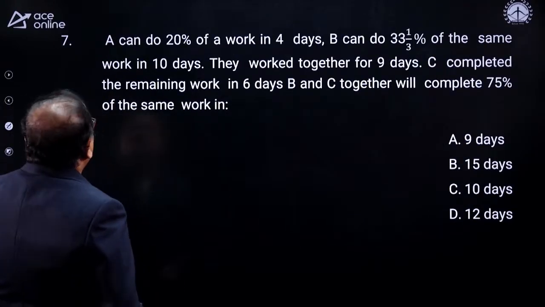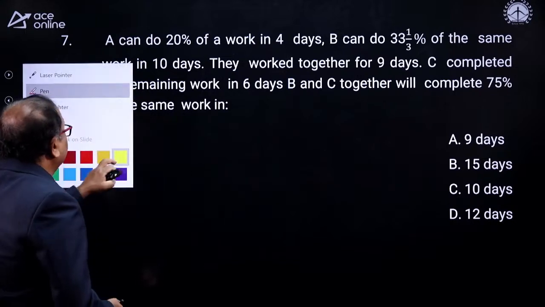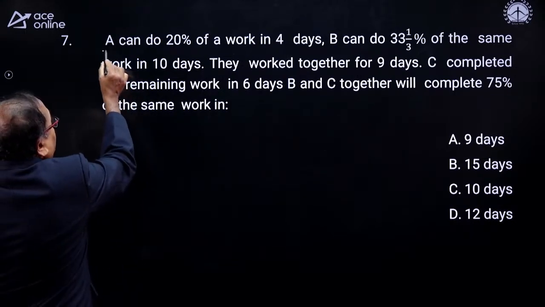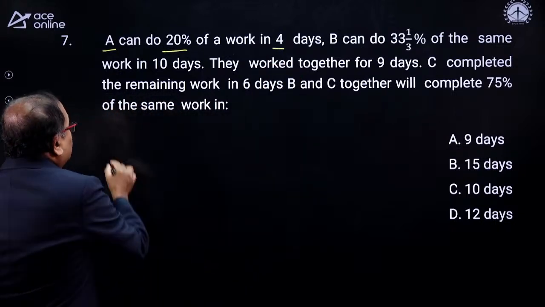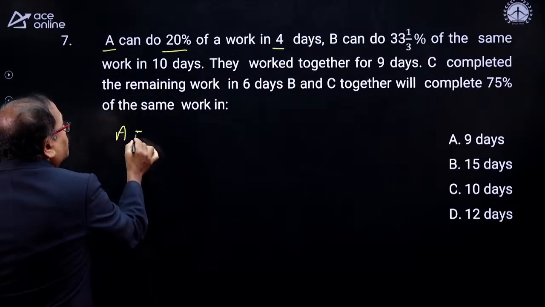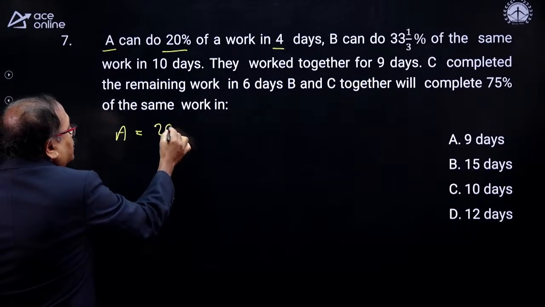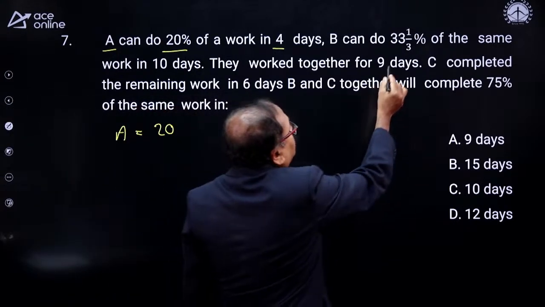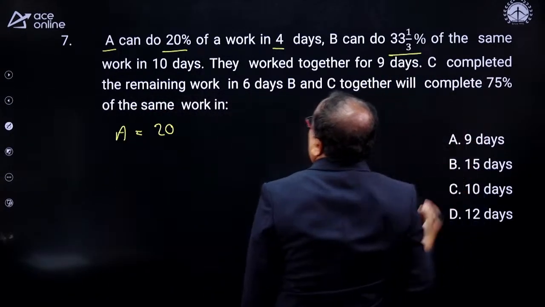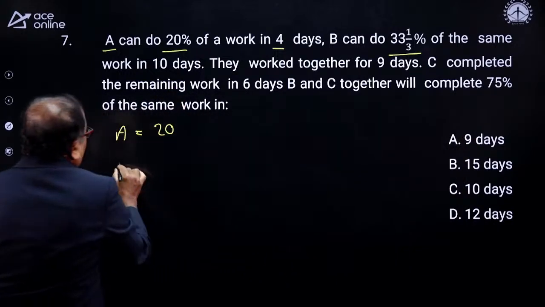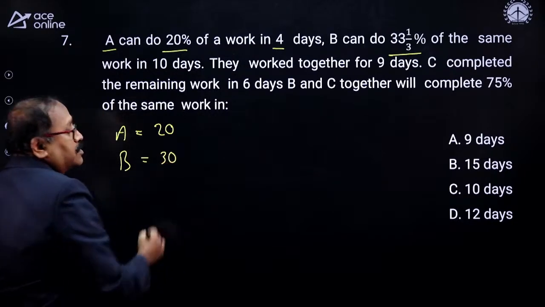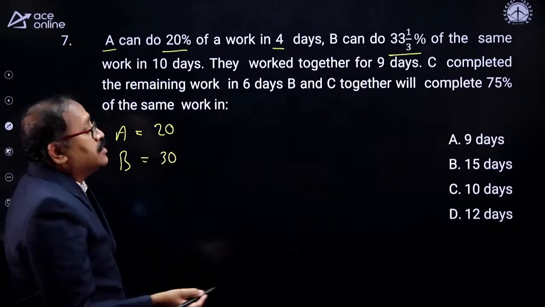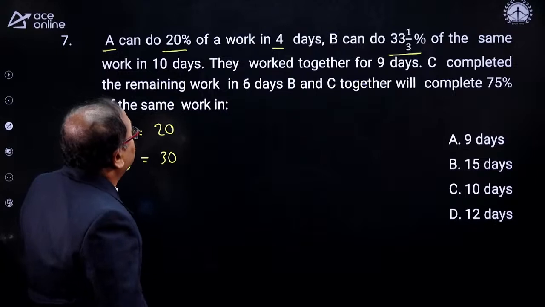Okay. So, here is one interesting question. A can do 20% of the work in 4 days. So, that means if 1/5 of the work in 4 days, then one work in 20 days. B can complete 1/3 of the work in 10 days. That means B can complete one work in 30 days.